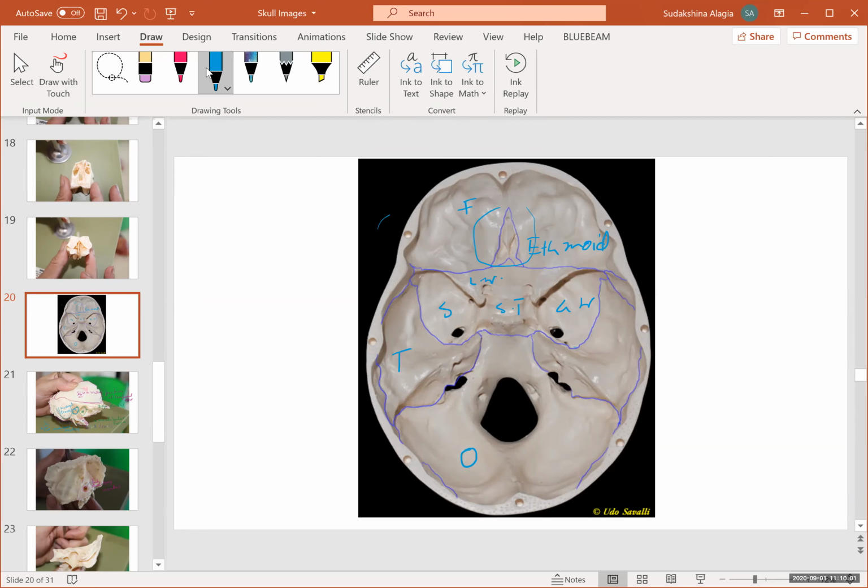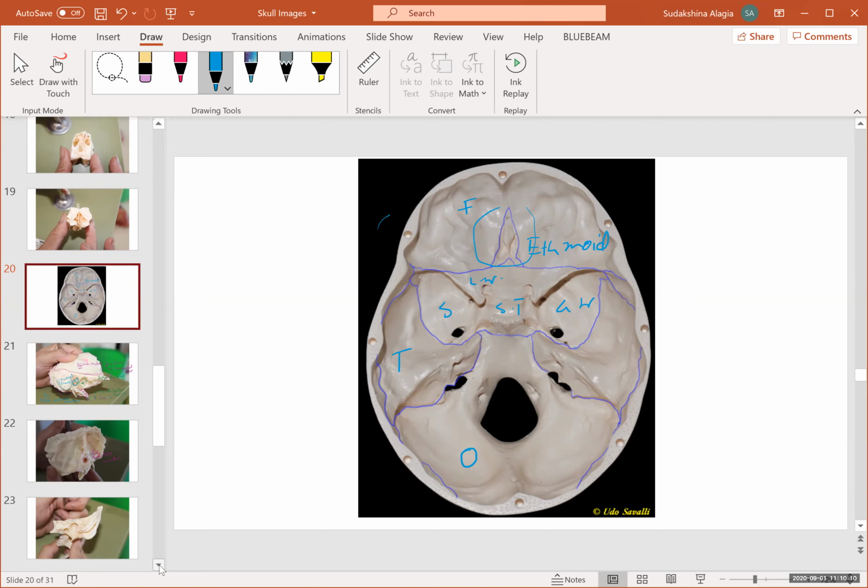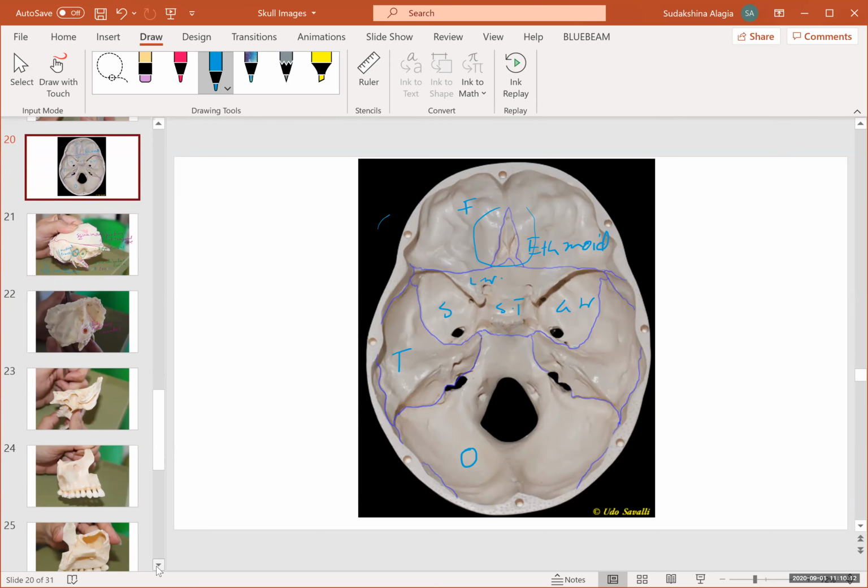So this is what we are looking at, ethmoid. We'll look at this later.